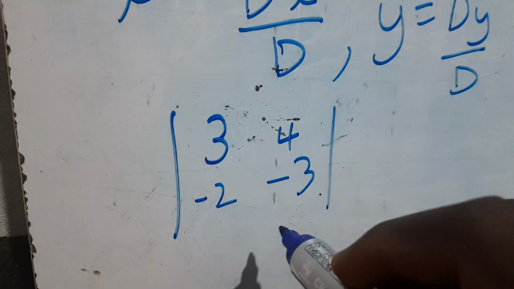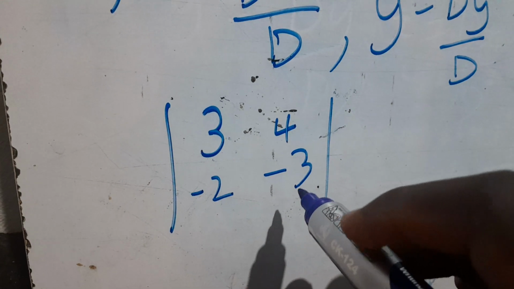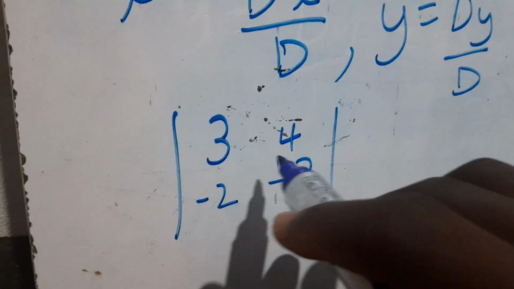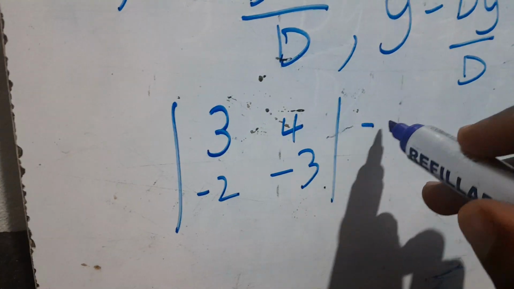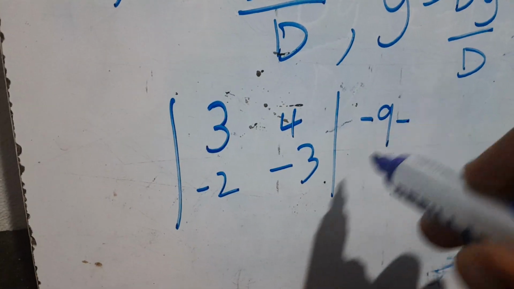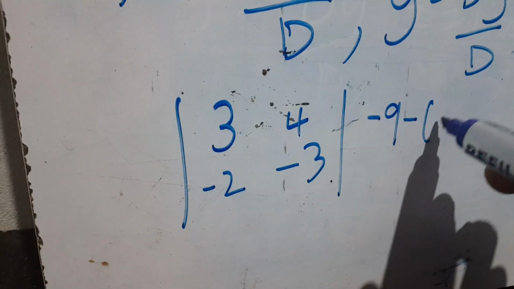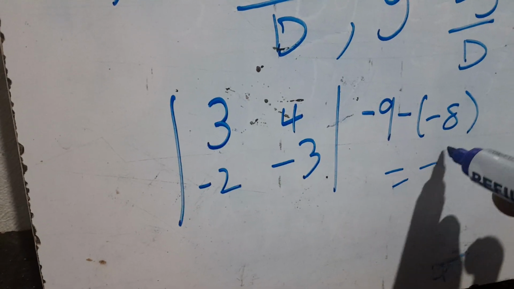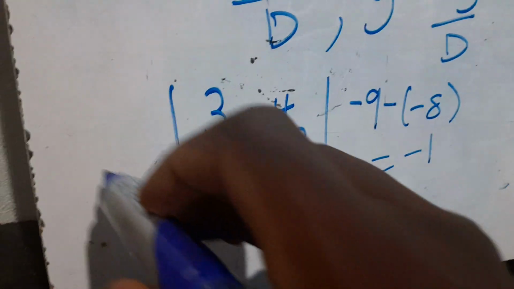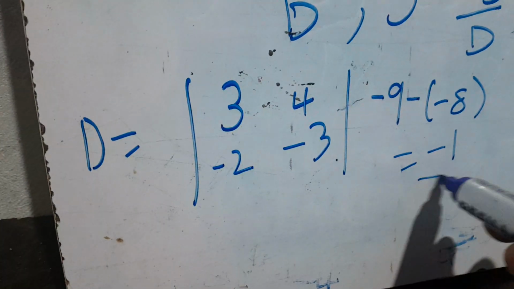You then find the determinant: 3 times negative 3, that will be negative 9, minus 4 times negative 2, that is negative 8, and you find your answer to be negative 1. That is the value of our d. Our d is equal to negative 1.